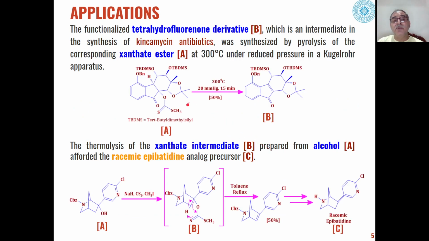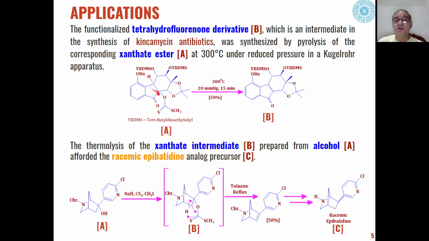Then another important example is the synthesis of these types of tetrahydrofuran derivatives from Chugaev reaction. And these tetrahydrofuran derivatives are intermediates for the synthesis of antibiotics. So for example, if we are having this type of xanthate ester, and this carbon is alpha carbon, this carbon is a beta carbon, and both hydrogen and the ester are in syn position, so that is why this elimination can easily take place.